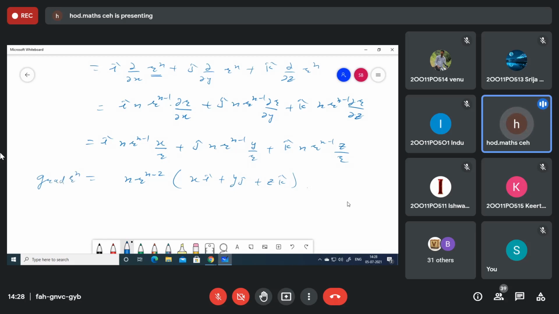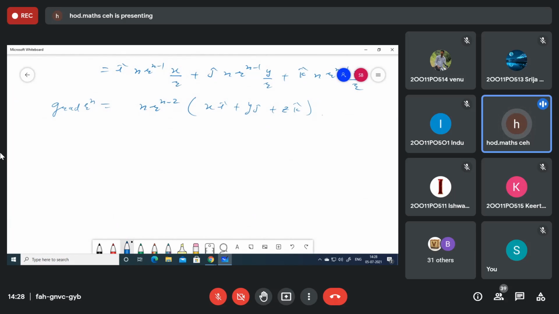Now this is a result, a vector point function I have got. Is it a vector or not? Okay. Now I need to calculate the divergence of this vector. Divergence means del dot. Del dot gradient of r to the power n.